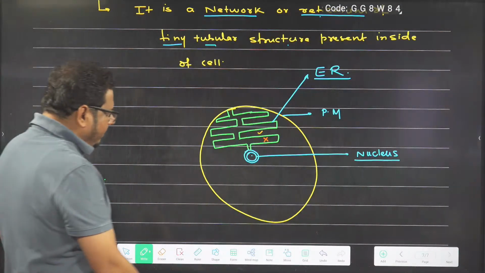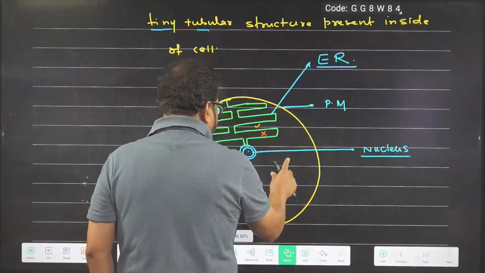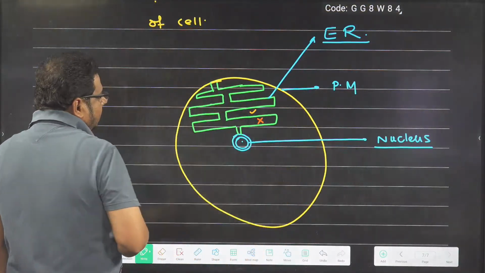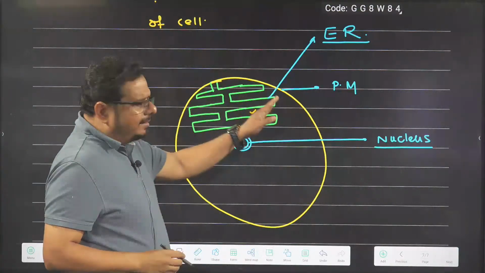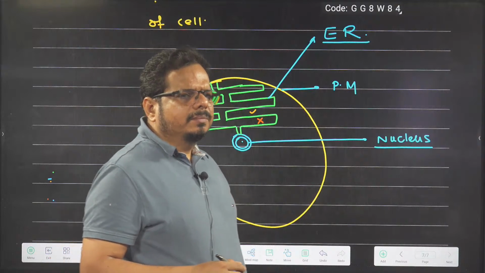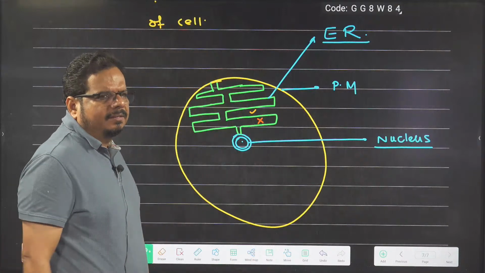Are you getting the things? I am making it somehow bigger. Are you able to visualize it or not? So it is dividing the internal component or compartment of the cell into two parts.